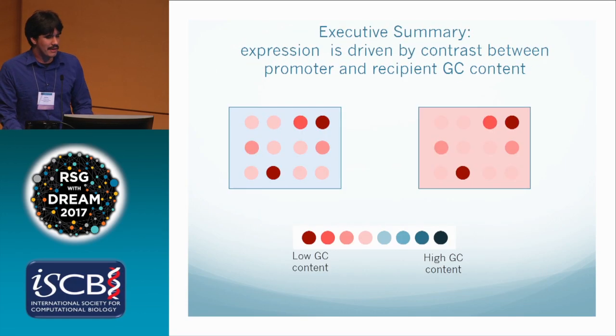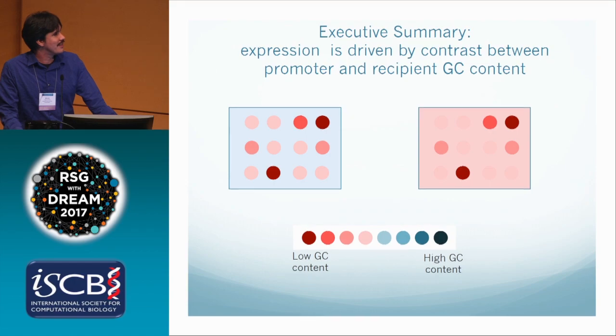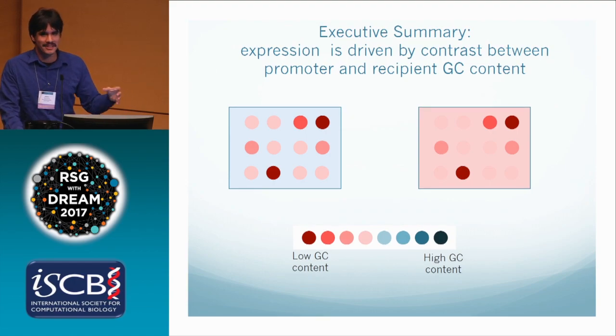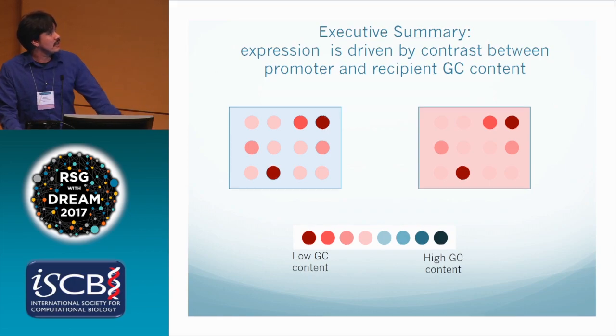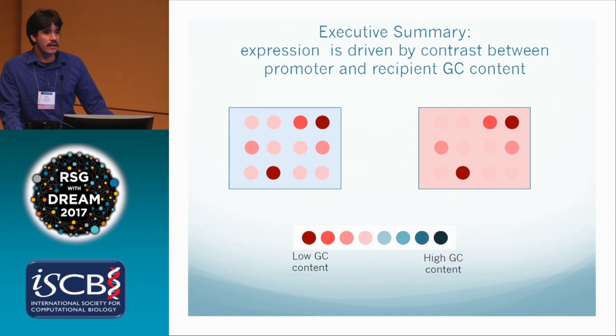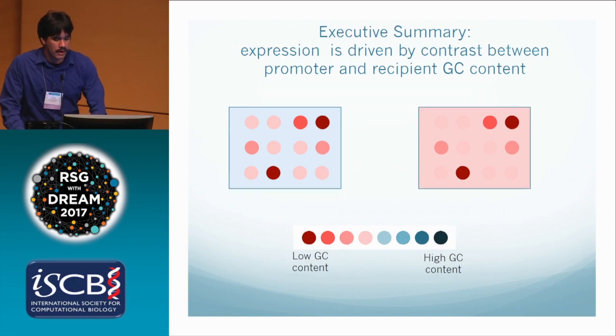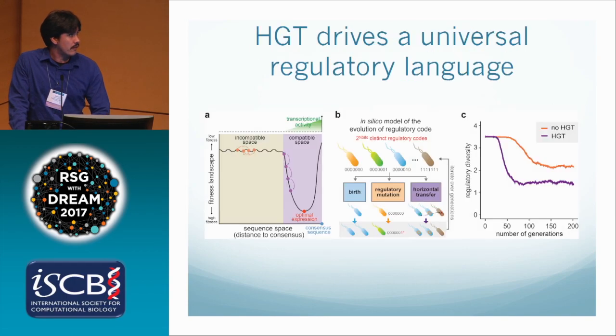And just giving what I would call an executive summary on the slide, if you want to take a single message from this talk, if there are parts that are confusing, the main message is that the contrast between the GC content of the promoter and the background is what explains the activity level.